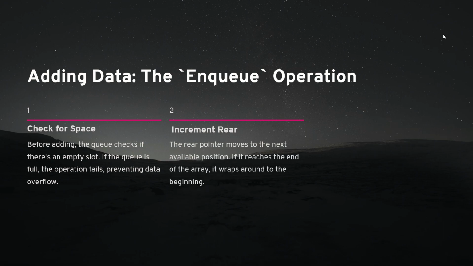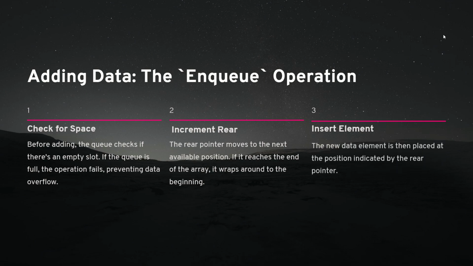The rear pointer moves to the next available position. If it reaches the end of the array, it wraps around to the beginning. Third, insert element. The new data element is then placed at the position indicated by the rear pointer.